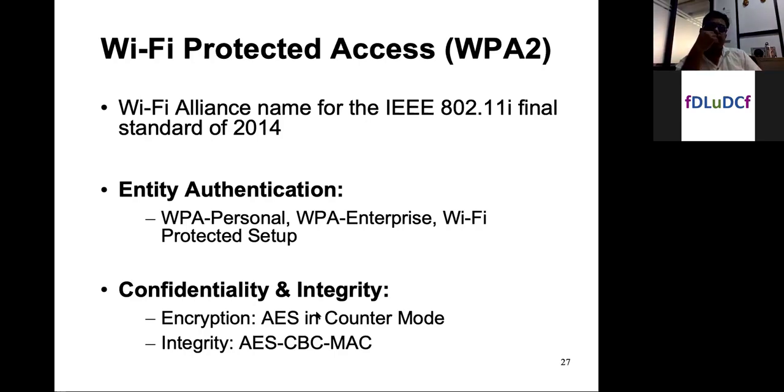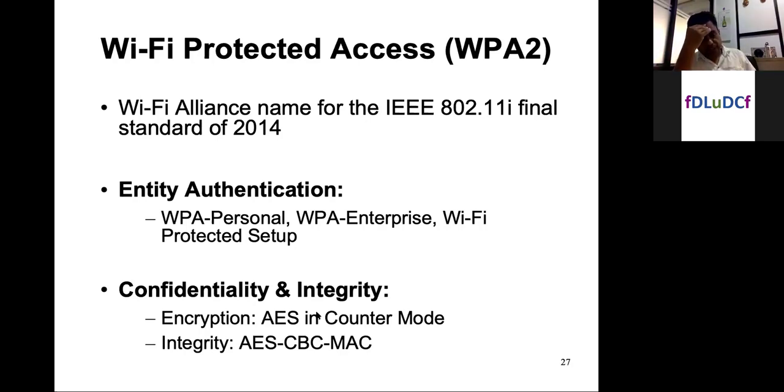If someone wants, they can use external authentication servers such as RADIUS to handle the authentication, or you can implement your own authentication protocols and adapt them to the WPA2 protocol. That is for external authentication.